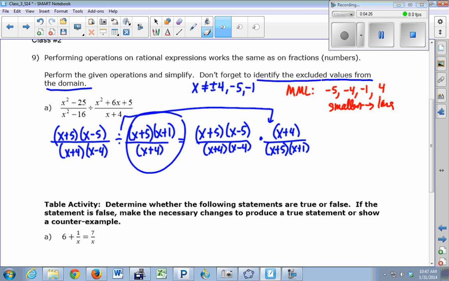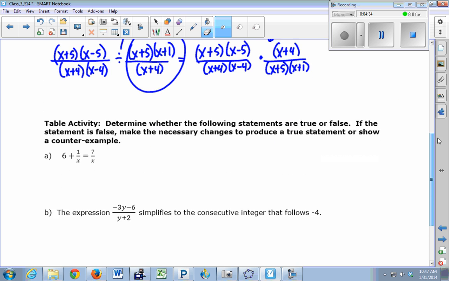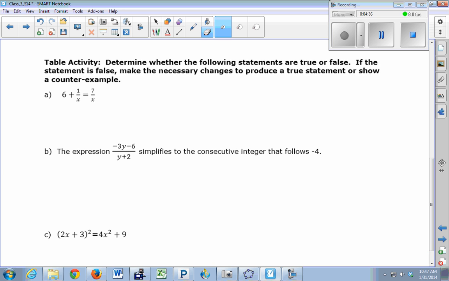Okay, anything else? Did everybody get answers for this table activity here, these 3 questions? Let's take a look at what we got. Table 1, what did you get for these 3? Just go right down the line. Okay, and table 2, what did you get?